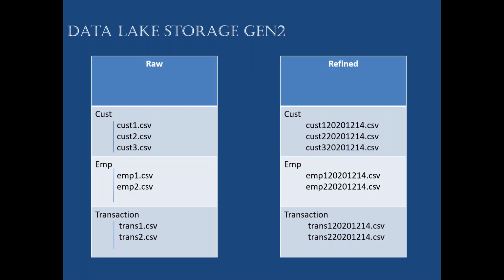So for cust1.csv, I need to assign cust1 2022-06-24.csv. For cust2, 2022-06-24.csv. So year, month, day I will append, and I will copy into the target. Cleared all of you?